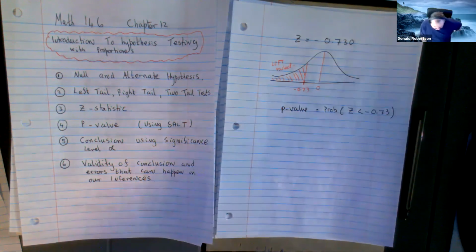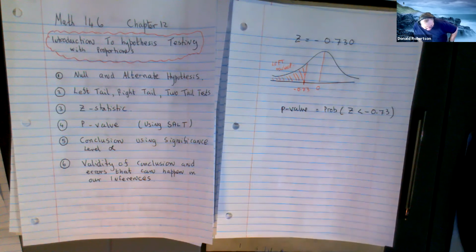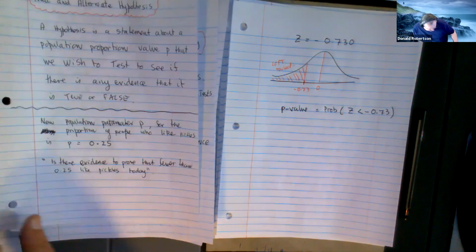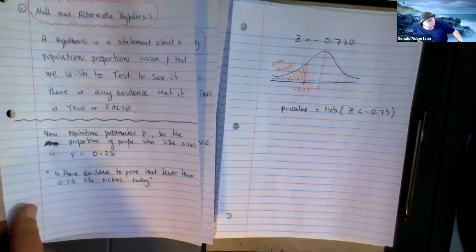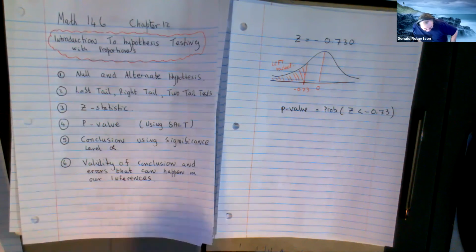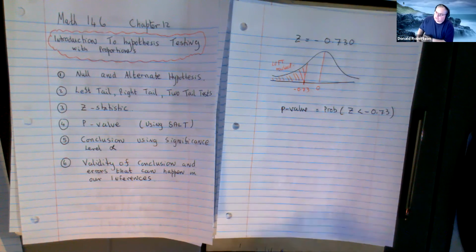So what we're calculating with the p-value is how unlikely it is to get the result that we got. The 24% out of 1,000: how likely is it that we would have got that result by sheer randomness? The argument goes something like this.